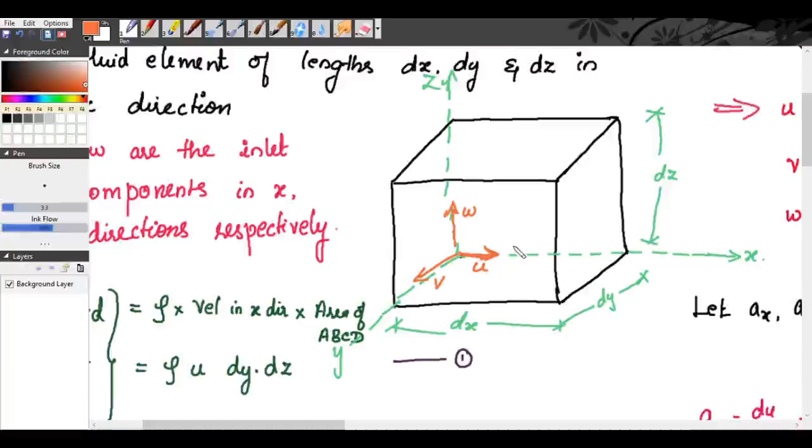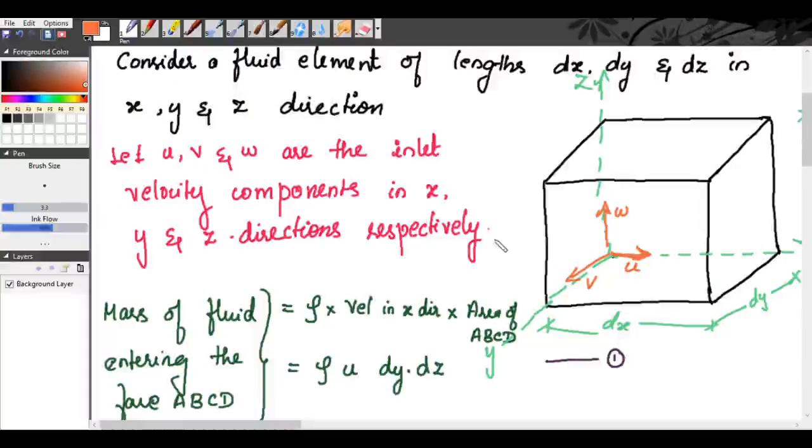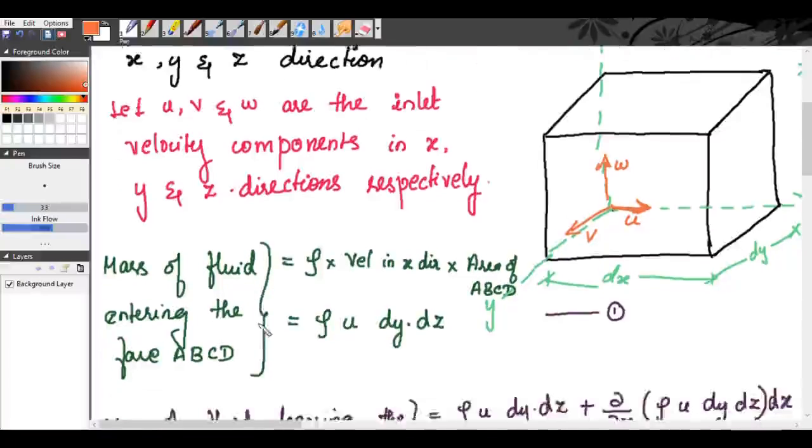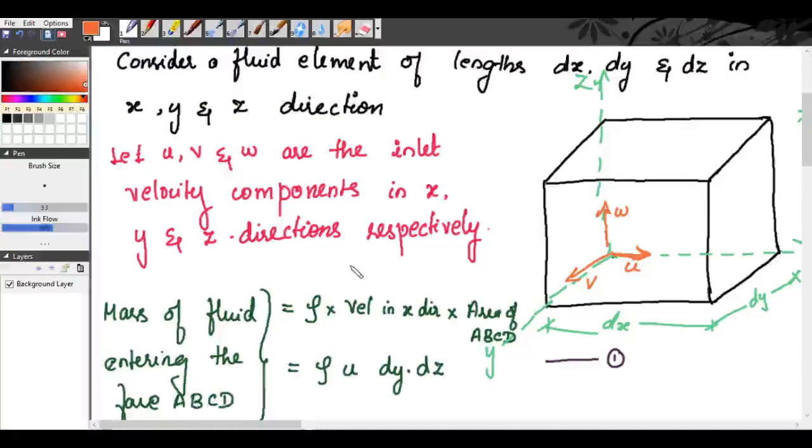So if this is the case, let us mark the phases.